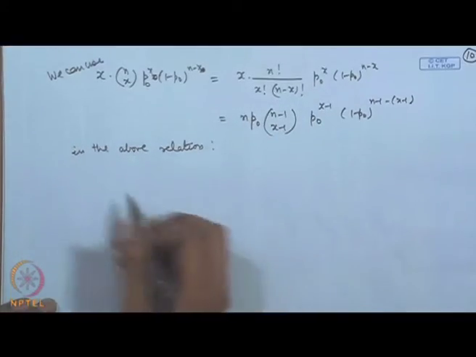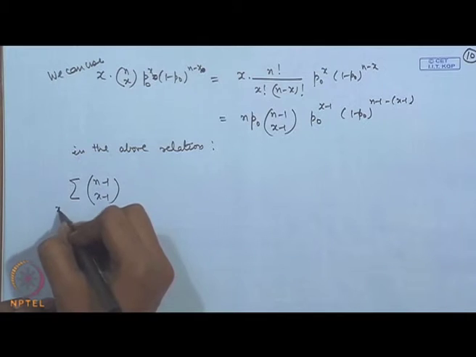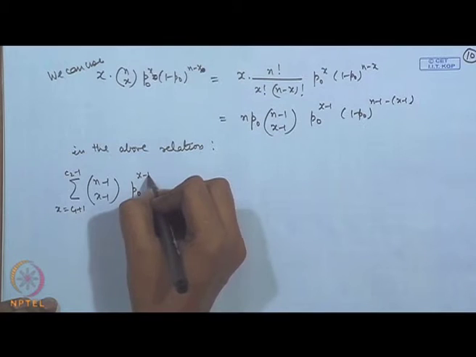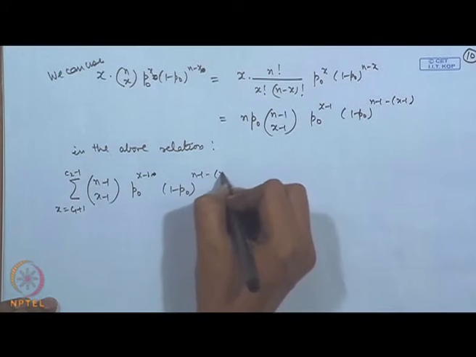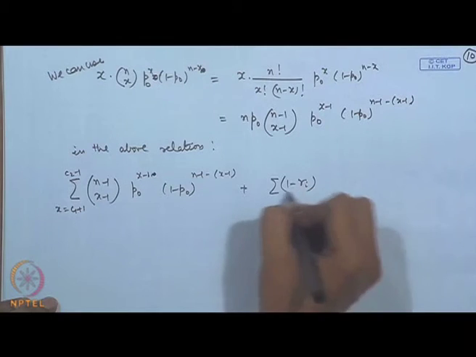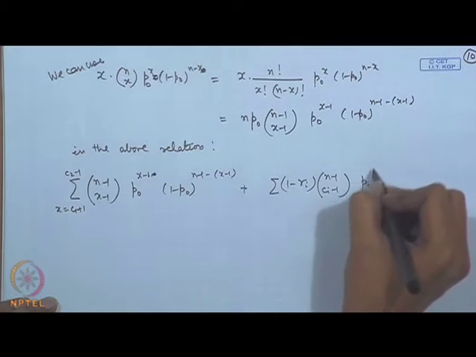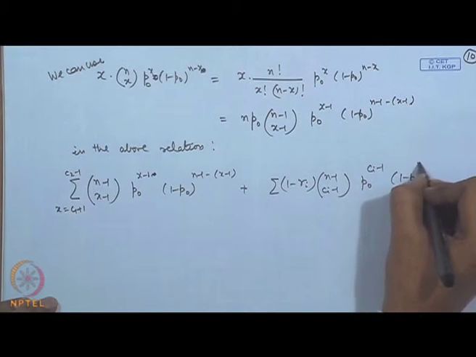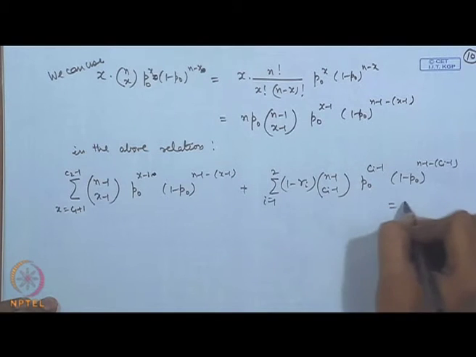So, this will give me simply n minus 1 c x minus 1, x is equal to c 1 plus 1 to c 2 minus 1, p naught to the power x minus 1 and 1 minus p naught to the power n minus 1 minus x minus 1, plus 1 minus gamma I n minus 1 c I minus 1 p naught to the power c I minus 1, 1 minus p naught to the power n minus 1 minus c I minus 1, I is equal to 1, 2, that is equal to 1 minus alpha.